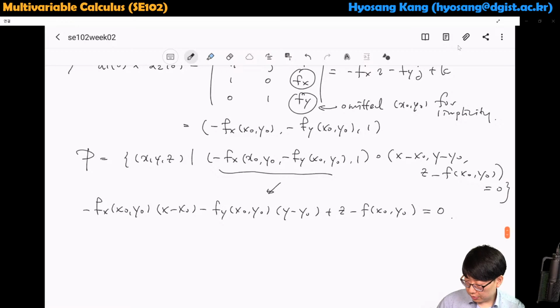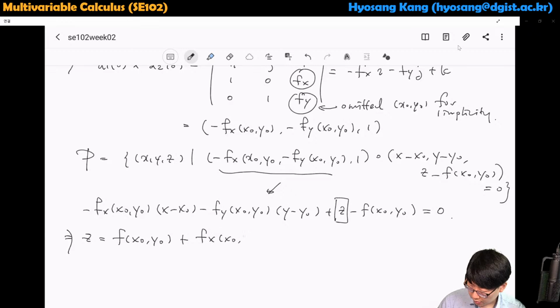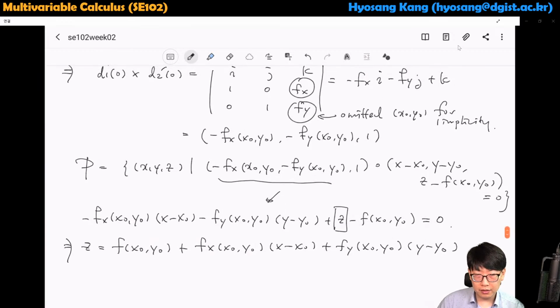Let's move everything except z to the right hand side. So z equals f(x0, y0) + fx(x0, y0)(x - x0) + fy(x0, y0)(y - y0). You see the right hand side is exactly the same as the formula of L(x, y). So this is L(x, y).